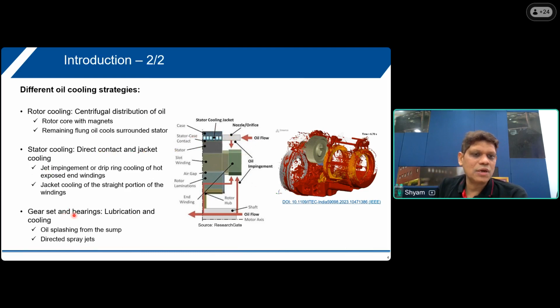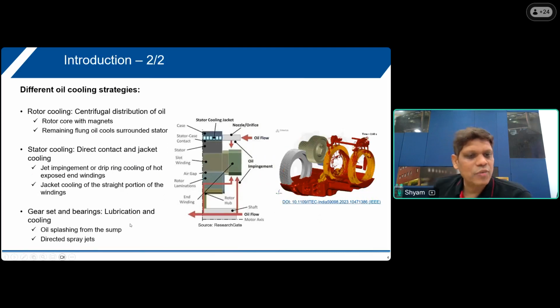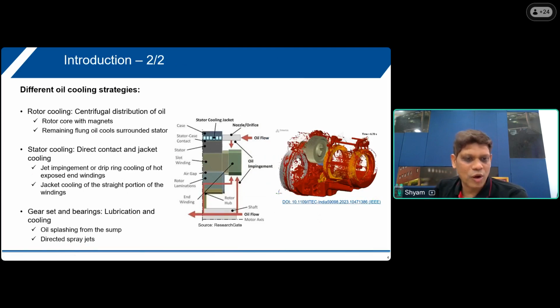Those bearings and gears need to be lubricated by the same oil. As the gears rotate, the splashing phenomenon happens. Okay, let me play this animation. Splashing happens, and direct spray jets are also used, like we do here, spray cooling over the windings. Over the gears too, spray jets are used to lubricate them properly.